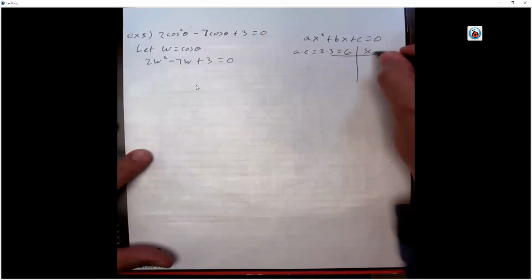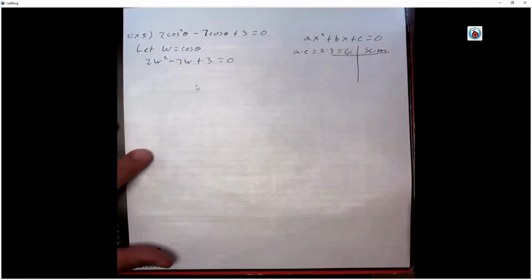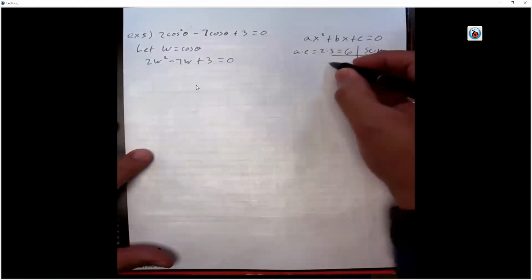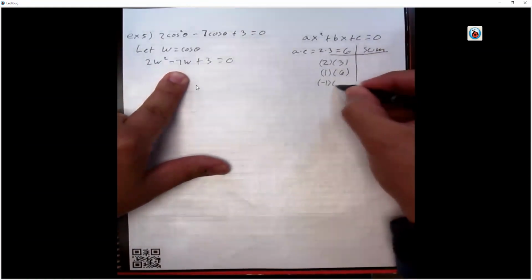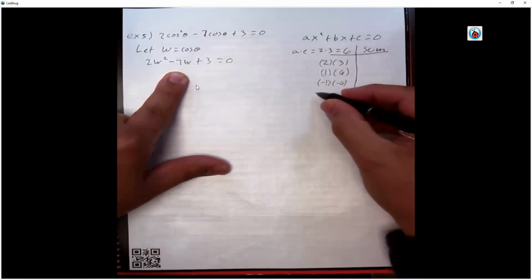So we look at the factors of the 6 and see which one adds up to the middle term. But there's also negative versions.